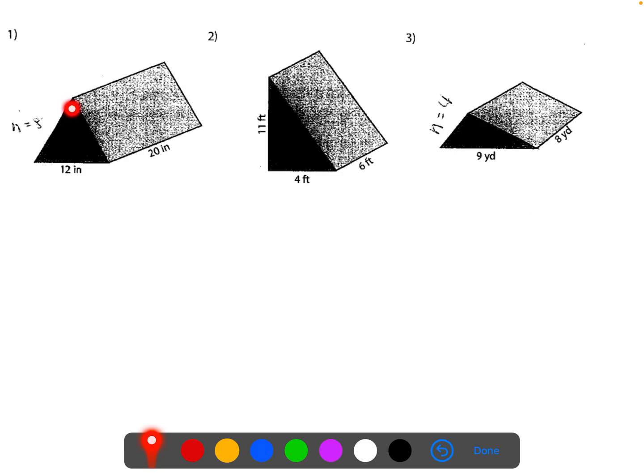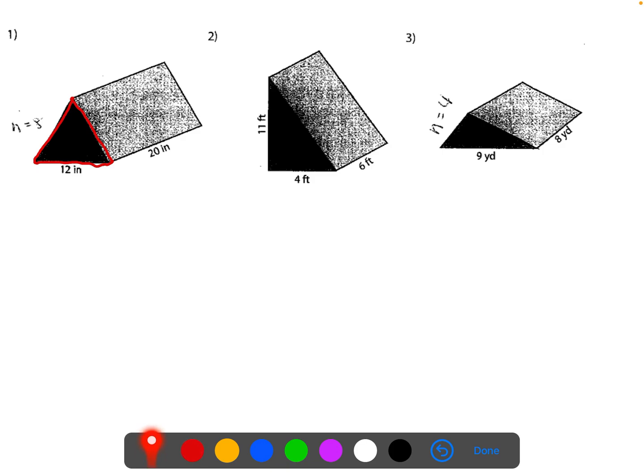It looks like this triangular prism here, though, is resting on a rectangular base, and it is, but that doesn't make it the base of the figure. Remember, we want the base of the figure to be the shape that we could slice it into and have all the same shapes. So this triangle here on the edge would be our base. And that's going to be very important as we calculate here.